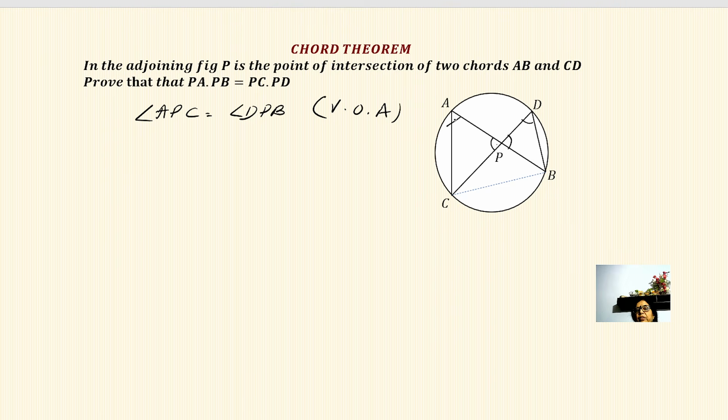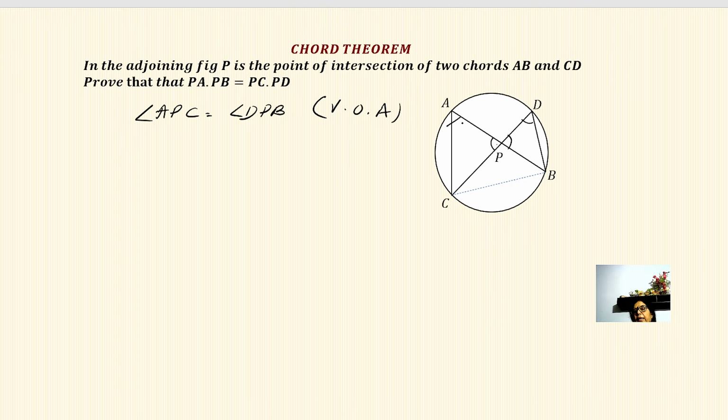Now, what is the reason behind these two angles being equal? Suppose we join the points C and B, we get a chord over here, CB. So now these two angles are on the same side of the chord, on the major segment of the chord. Angles in the same segment are equal. So we get here angle CAB is equal to angle BDC.